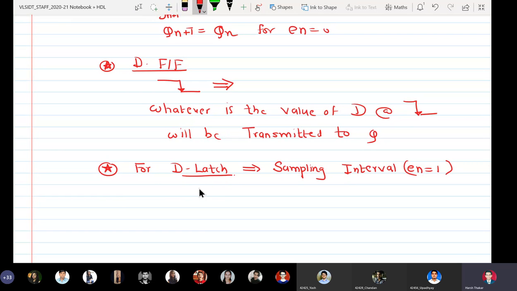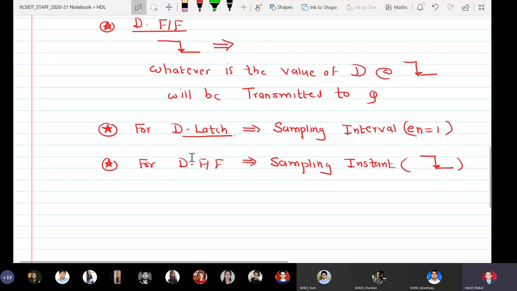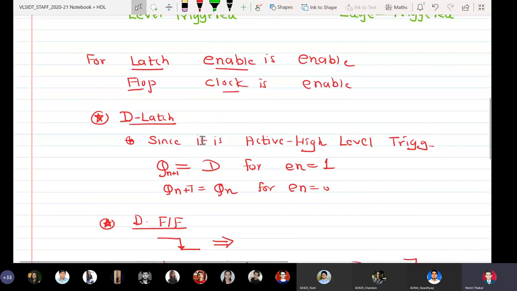For D latch, we have sampling interval, and for D flip flop, we have sampling instant. And this sampling instant is nothing but falling edge of the clock. So based on these two rules, latches respond to sampling intervals, and flip-flops respond to sampling instants.